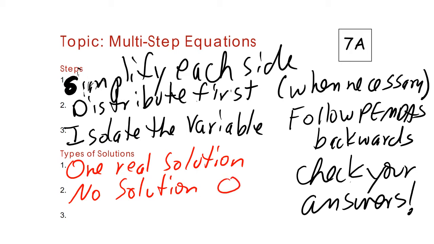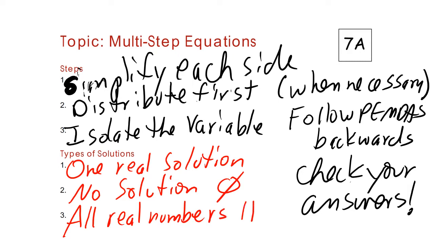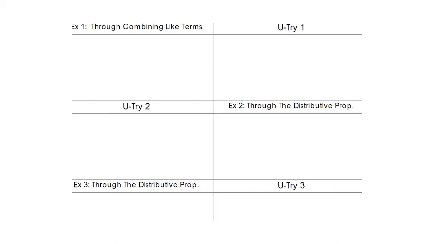The symbol we use is a circle with a line through it. There are going to be other times that the variables disappear and we get a true statement, and then the answer will be all real numbers. The symbol for that is this R looking thing. And I'll tell you a little bit more about that as we go along.